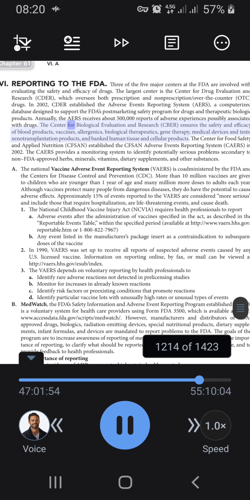The Center for Biological Evaluation and Research, CBER, ensures the safety and efficacy of blood products, vaccines, allergenics, biological therapeutics, gene therapy, medical devices, and tests, xenotransplantation products, and banked human tissue and cellular products.